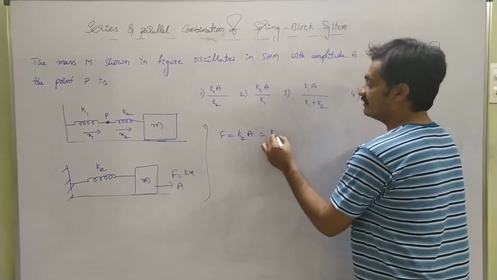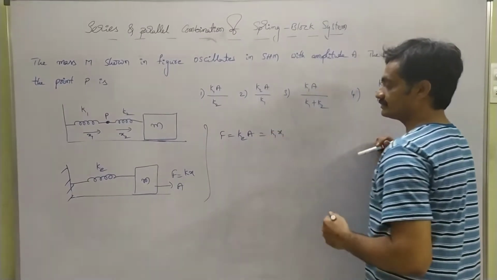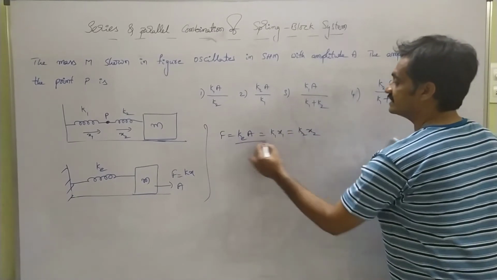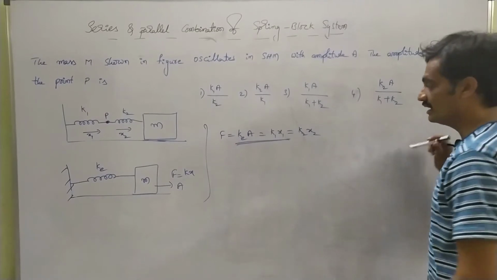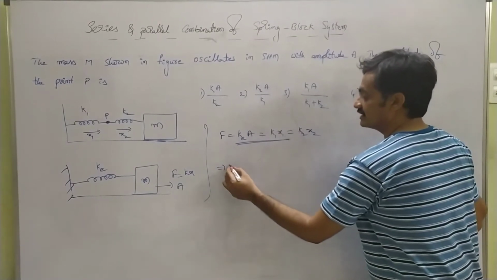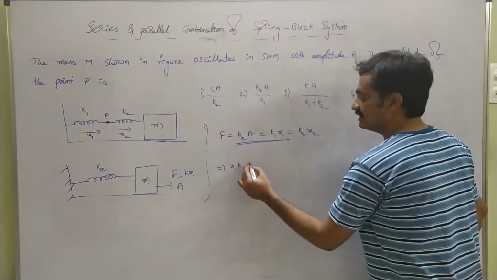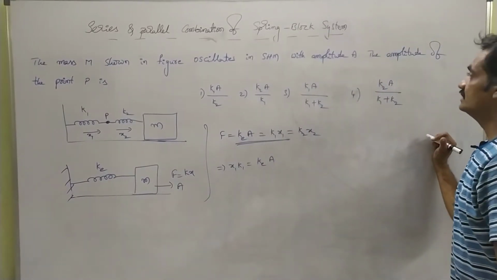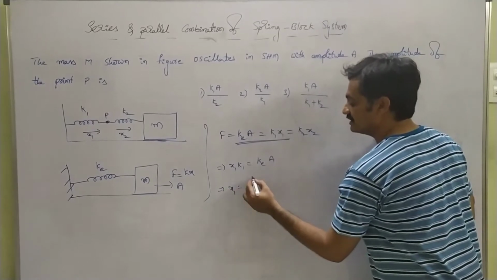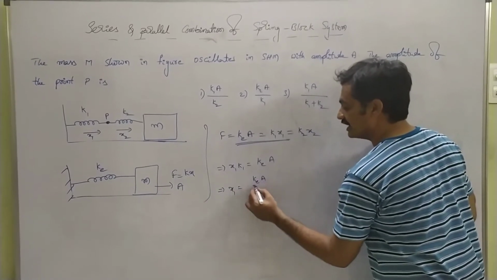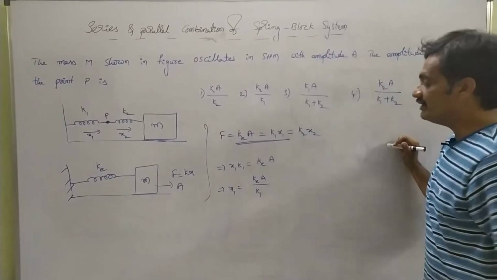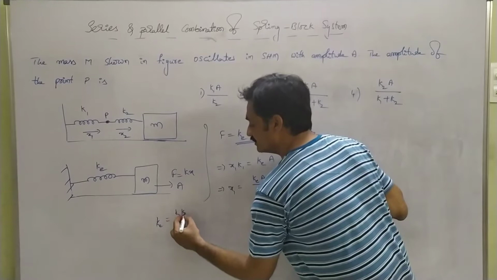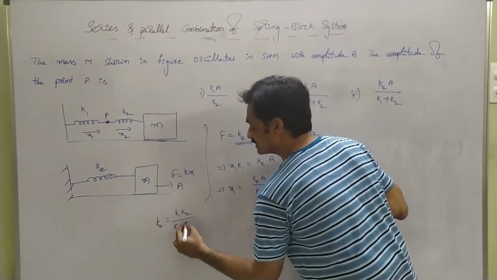Based on that, we can represent that F equals K suffix E into A equals K1 into x1 equals K2 into x2. Let us consider these two equations. Then we have x1 into K1 equals K suffix E into A. From this equation, we have x1 equals K suffix E into A by K1, where we know that K suffix E equals K1 into K2 by K1 plus K2.